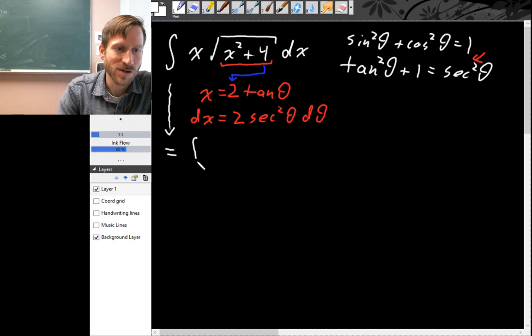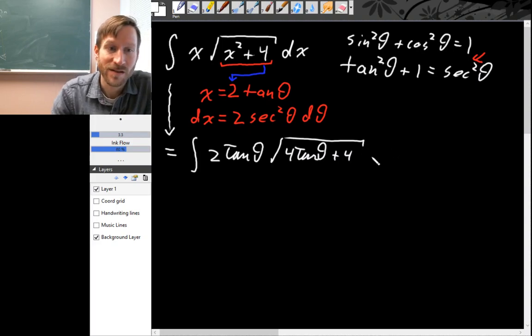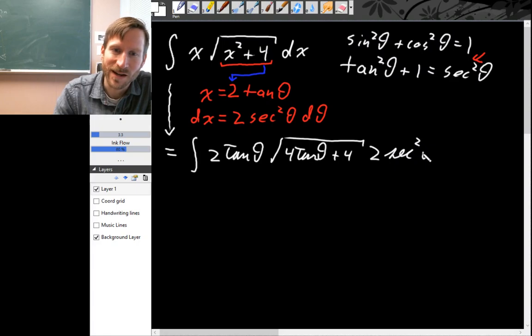So this is the integral of x, which is 2 tangent theta, and then this square root is now the square root of 4 tangent squared theta plus 4, and dx is 2 secant squared theta d theta.